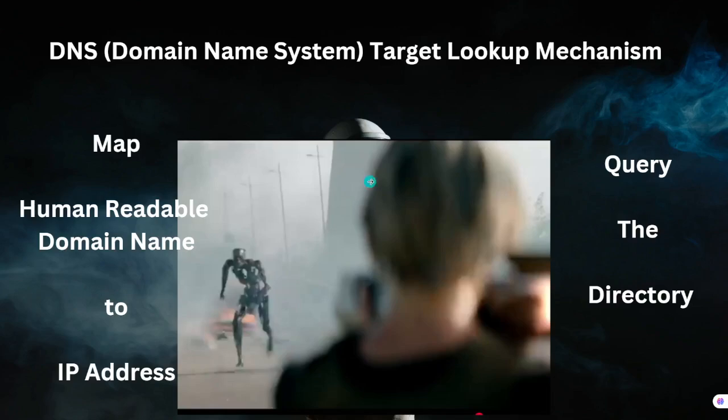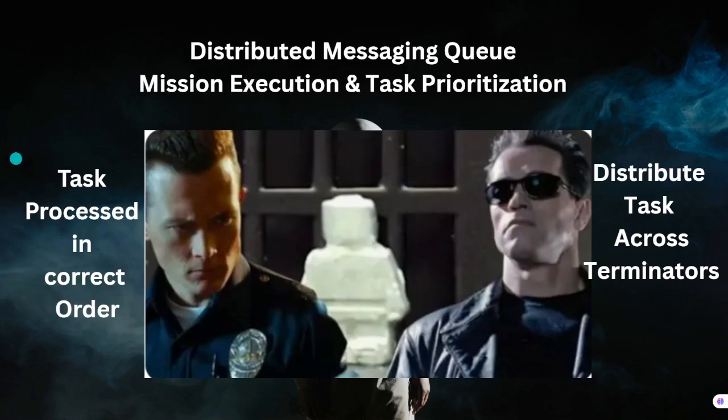The next concept which we can understand is the distributed messaging queue. In distributed systems, a message queue ensures tasks are processed in the correct order.